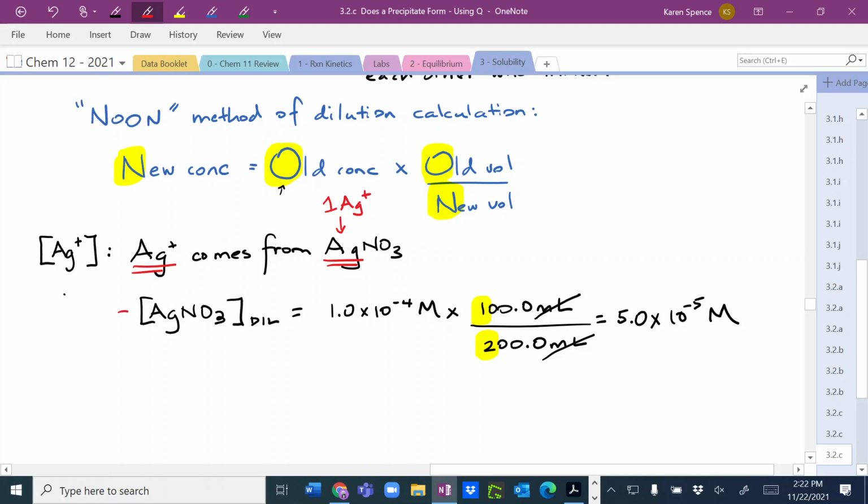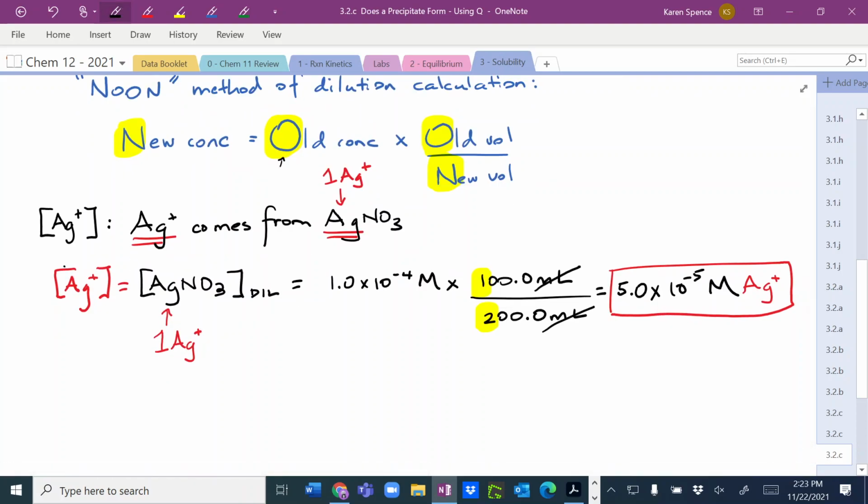So I can say that my concentration of silver is the same as my concentration of silver nitrate, because there is one silver in silver nitrate. Are we good? Norman, how do you feel about that? Okay, cool. And I'm going to put a silver here, and put a box around that so I can find it easily later. That was my silver.